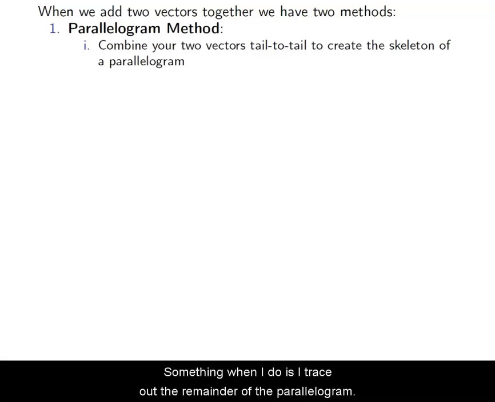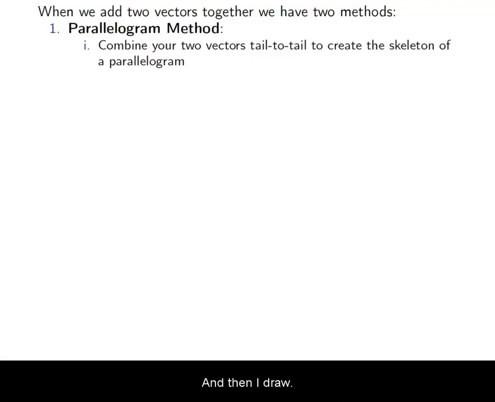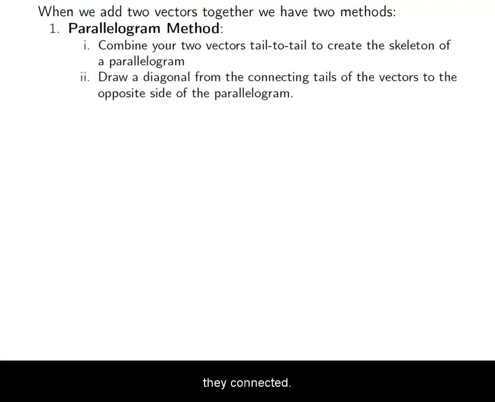So then what I do is I trace out the remainder of the parallelogram, and then I draw the diagonal that spans from those two initial points of my vectors where they connected. Okay, so as steps, again, I'm going to place my vectors tail to tail, and I'm going to draw out my parallelogram. Okay, I'm going to connect the initial points of my two vectors, and I'm going to draw the diagonal that is created from that point.